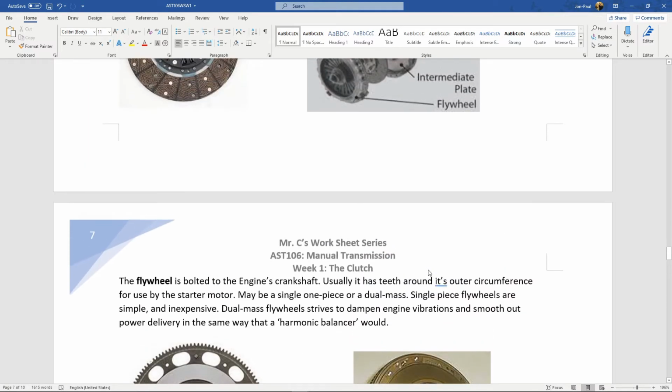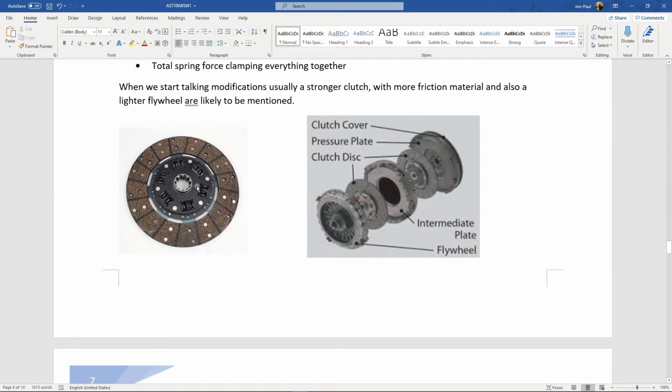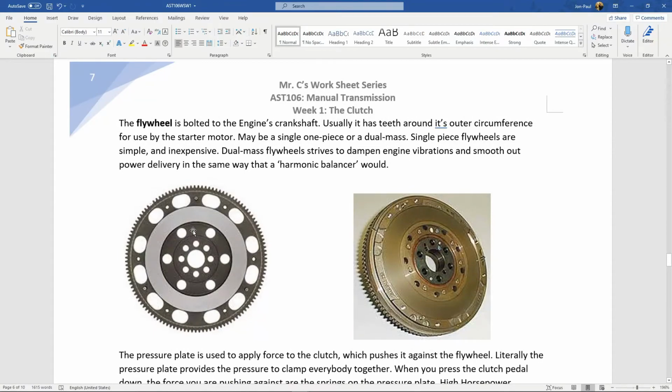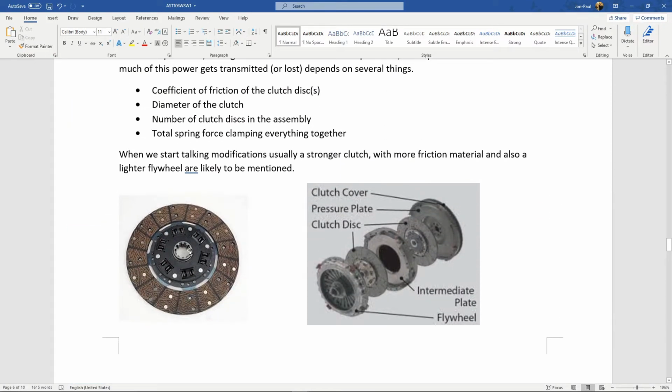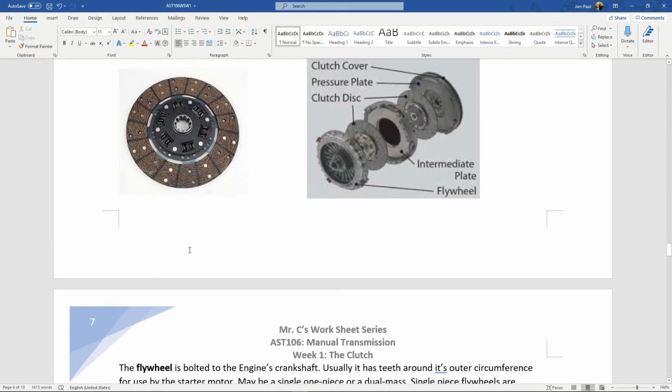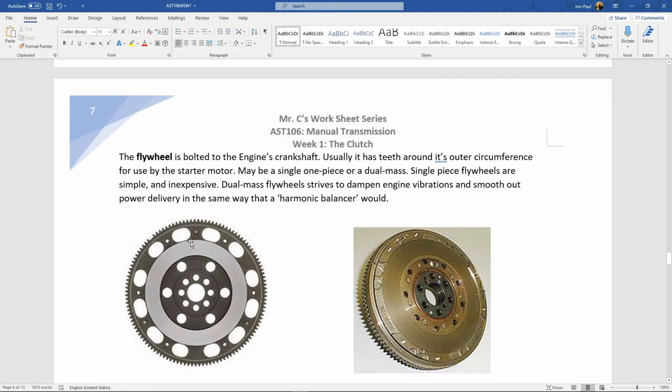Instead, you'll notice the center of this clutch disc has splines. So the flywheel gets bolted to the engine. These splines go on the transmission input shaft. Okay. If it's separated, the flywheel can spin whatever RPM it wants, and the transmission's not affected. This is how we come to a stop. The transmission stops, the engine doesn't stall.